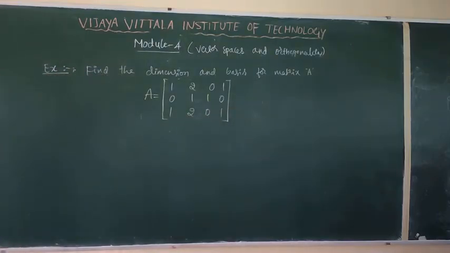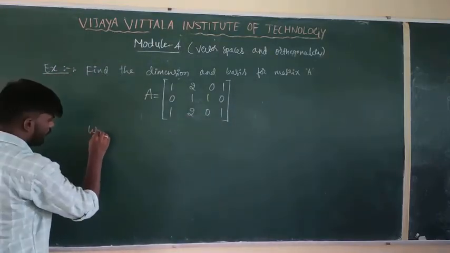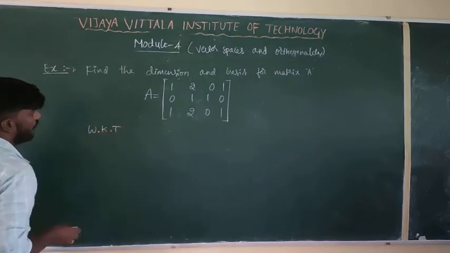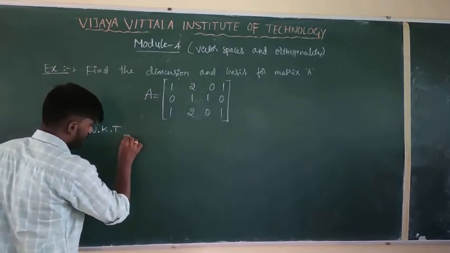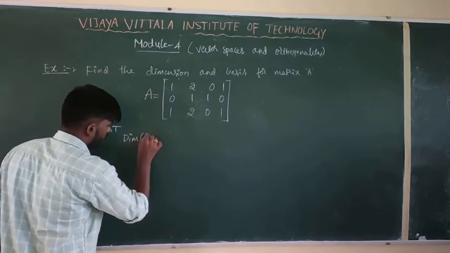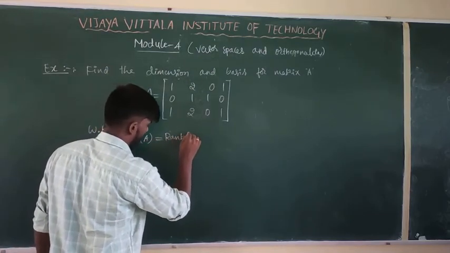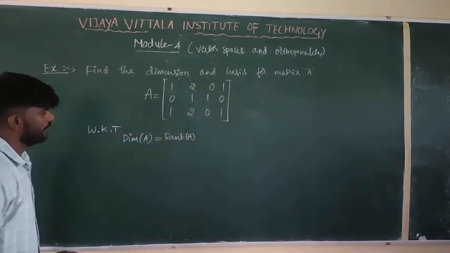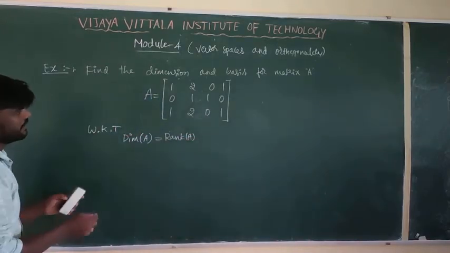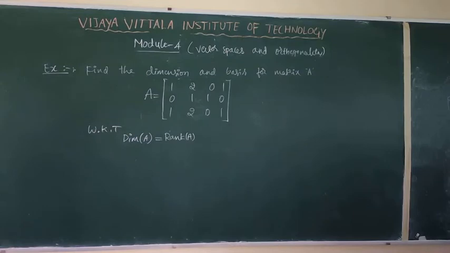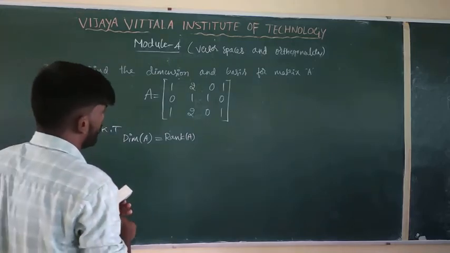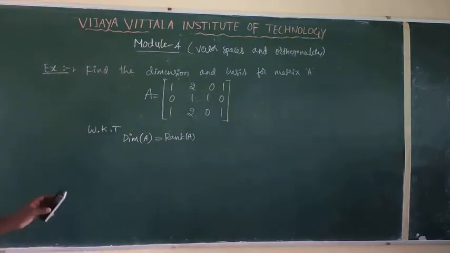We already know that the dimension of this matrix is equal to the rank of matrix A. Then the basis is given by the pivot columns in the row reduced echelon form.